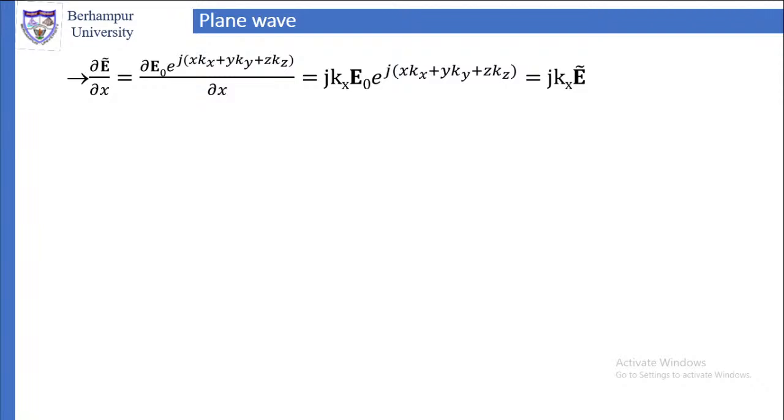So using that differential property, dou E tilde by dou x will be equal to j kx E0 into exponential j (x kx plus y ky plus z kz). Now E0 exponential j (x kx plus y ky plus z kz) is equal to E0 exponential j k dot r, which is equal to E tilde.